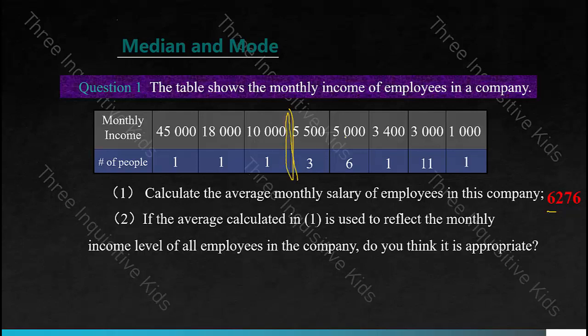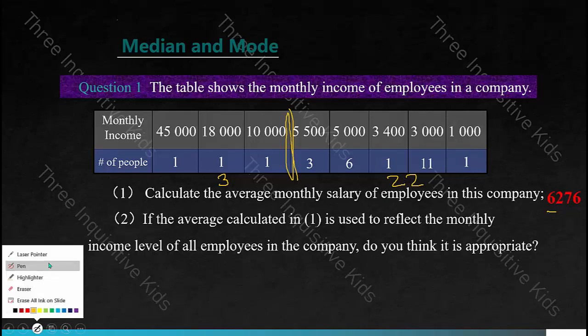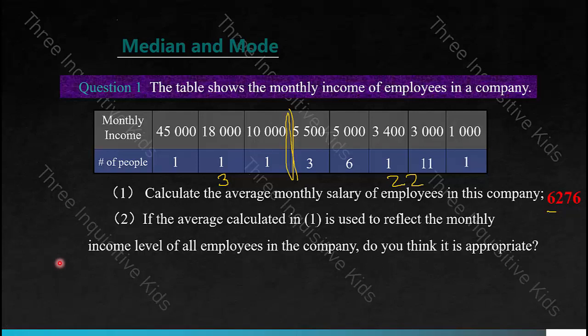So there's 3 people that's greater than that, and here, what do we have? We have 22 people that are to the right of it, which in this case represents less than. Doesn't make sense that the so-called average or mean is above 22 employees in this company. It does not make sense, right?